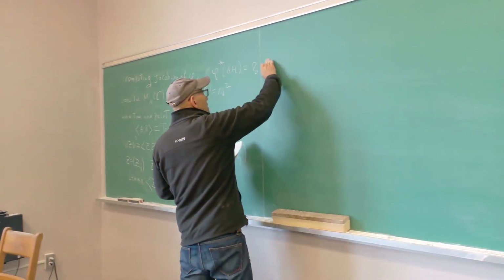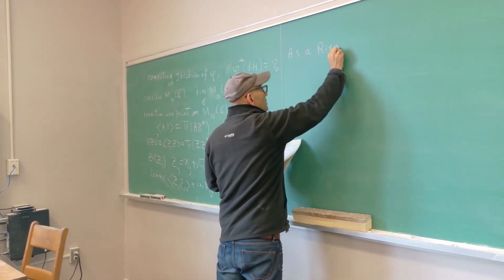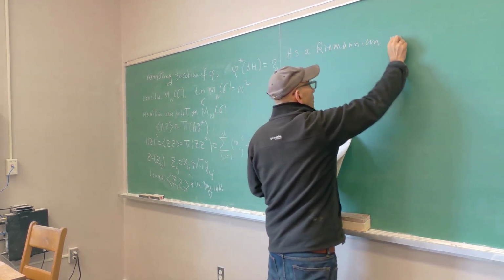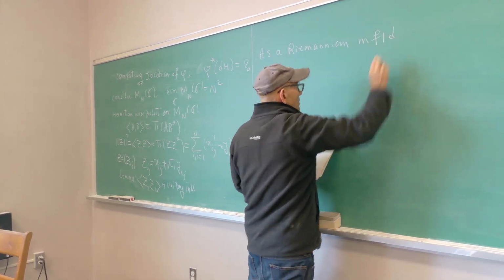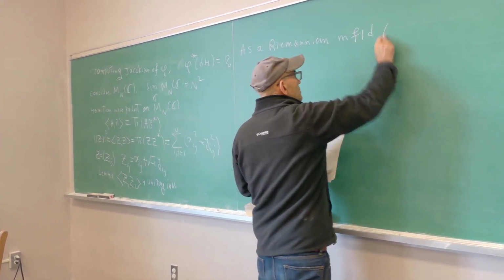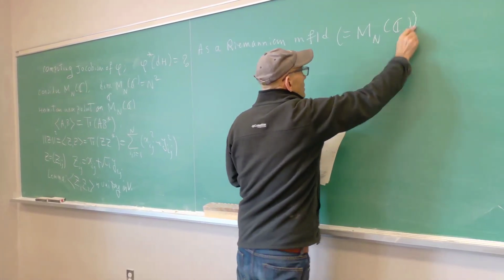So as a Riemannian manifold, of course, it's flat, but that's okay. I just want to use a little bit of terminology there, which is M_n(C).